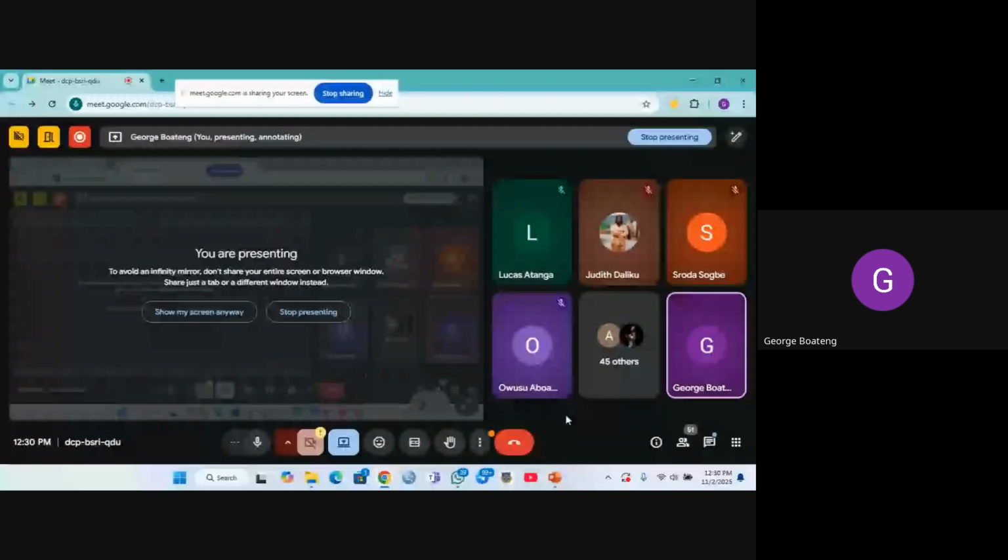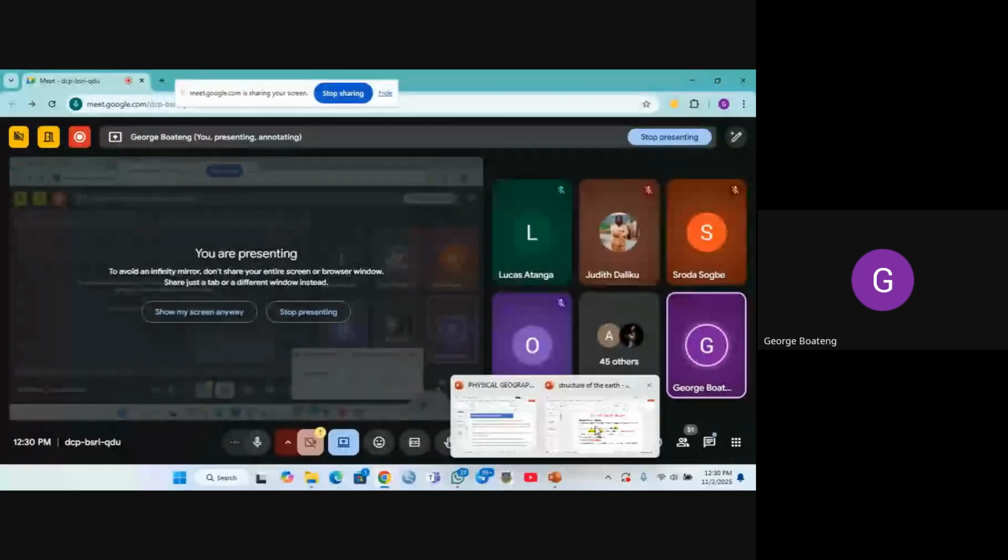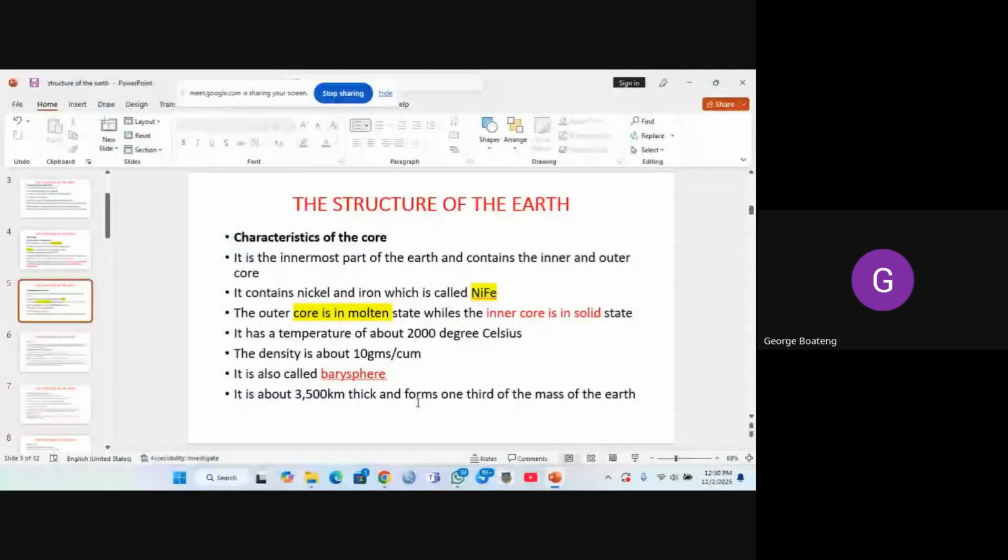Now we can continue. So we're still talking about the core. It has its thickness, it has its density, it has its division, it has its temperature, and it happens to be the innermost part of the internal structure of the earth.